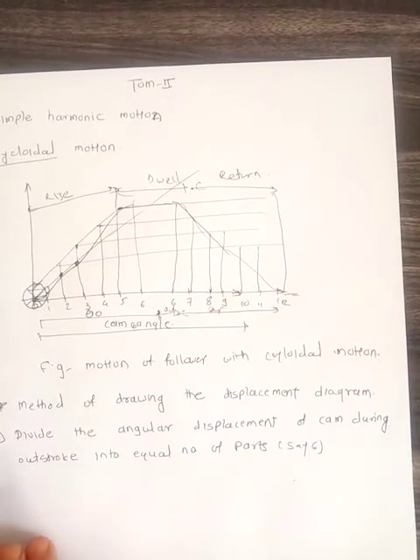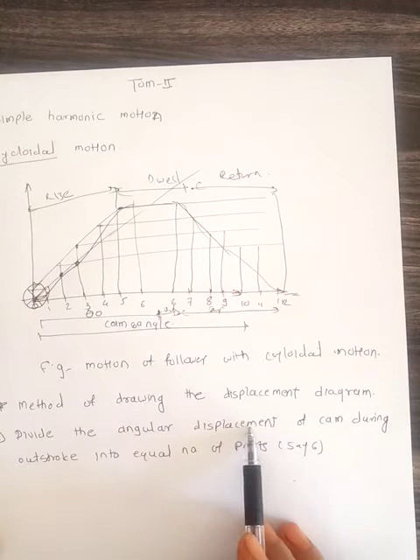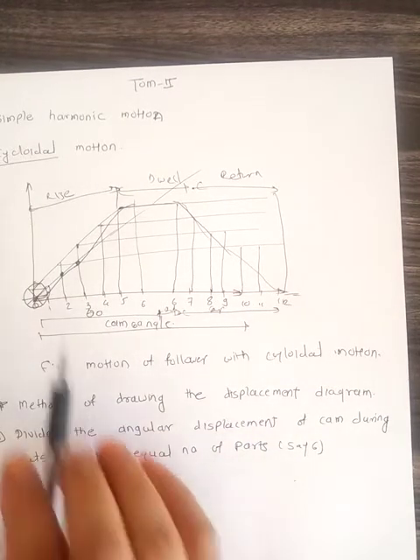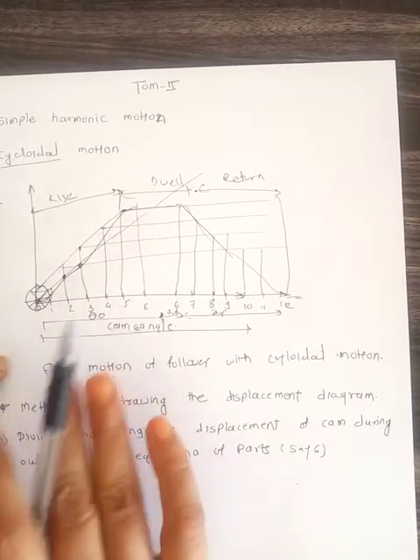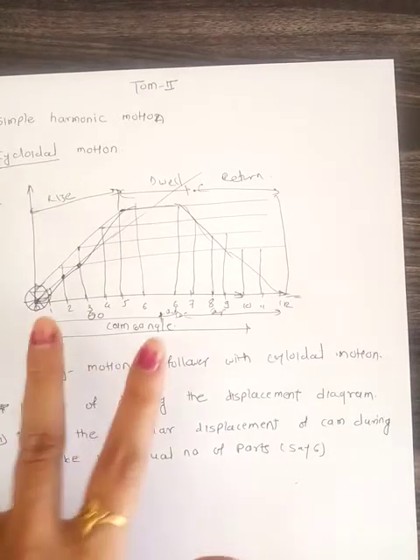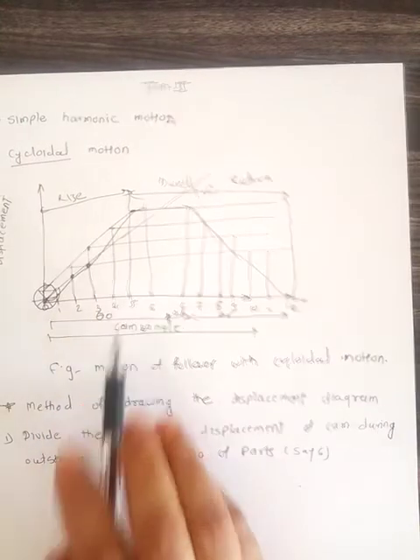In the first step we divide the angular displacement given in the problem of a cam during the outstroke into an equal number of parts. Here the outstroke given in the problem is divided into 6 parts: 1, 2, 3, 4, 5, 6.